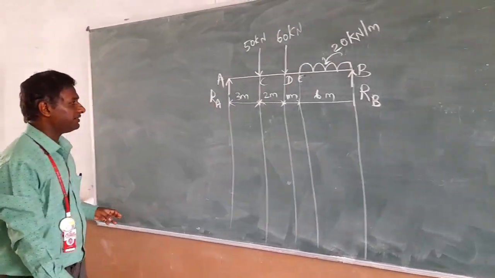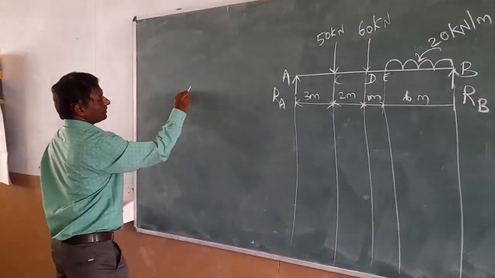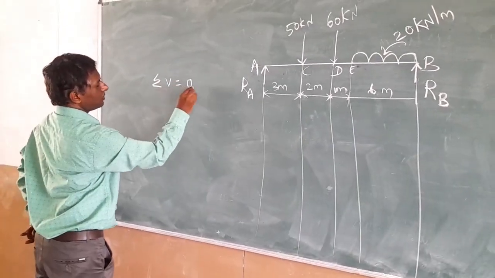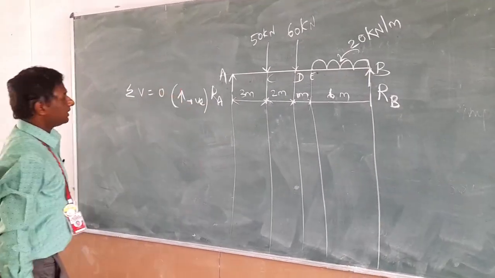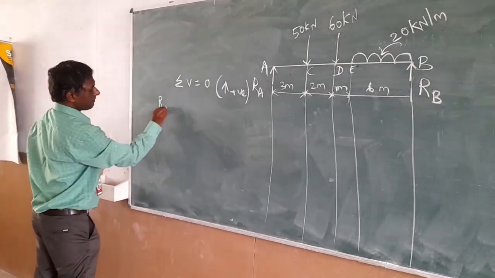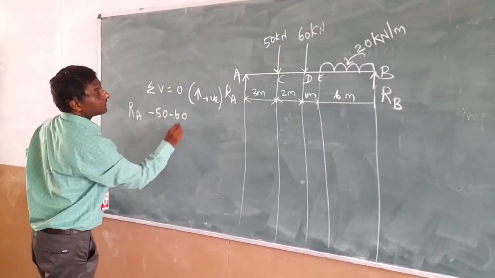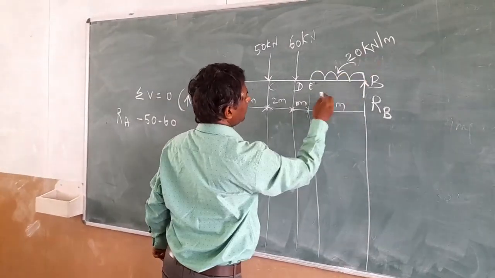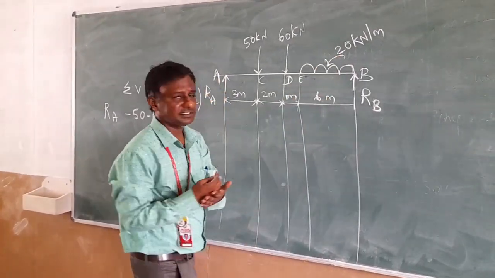As we have discussed earlier, we use the statically equivalent equation, sigma V equal to 0. The sign convention is upward force positive. So we have the force RA minus 50, minus 60, and the UDL of 20 kN per meter, which is a downward force and is given as an intensity of force per unit meter.